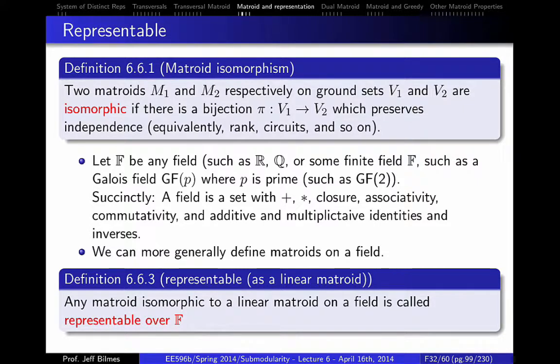And so there's this notion of representable. Going back to Whitney's paper, matroids came from abstract properties of column spaces of matrices. The notion of representability corresponds to whether or not a particular matroid that you defined has a representation as a matrix in some field.